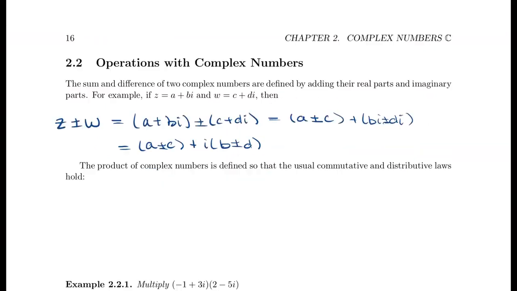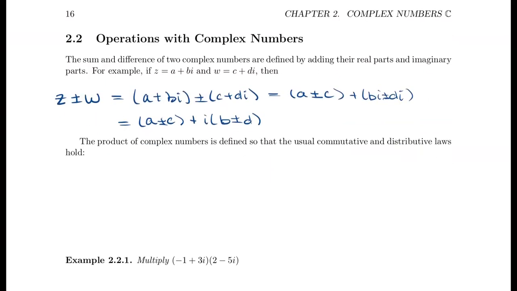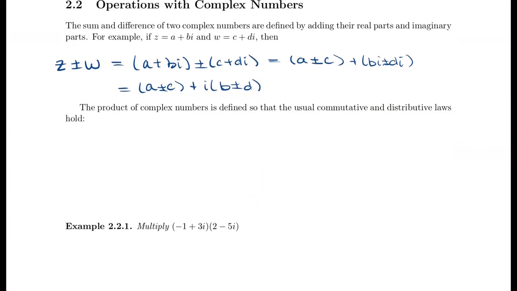So the product of the complex numbers is defined so that the usual commutative and distributive laws also hold. Say we want to multiply the complex numbers, z multiplied by w. So we have a plus bi multiplied by c plus di.